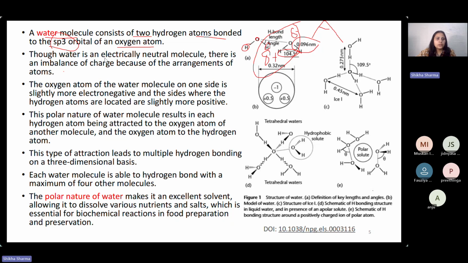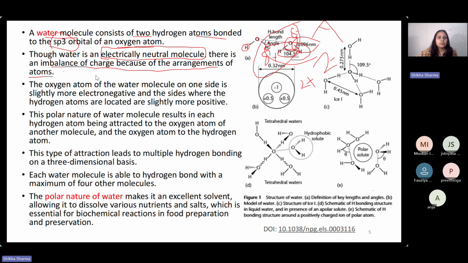Since it is an electrically neutral molecule, H has 1 plus each, because there are two H atoms, and oxygen is 2 minus. So overall, it is electrically neutral.